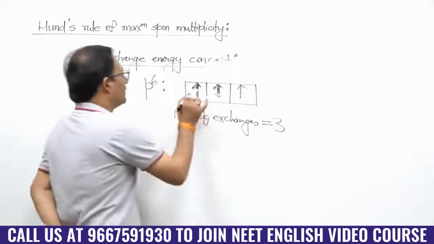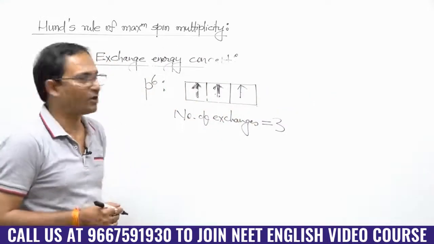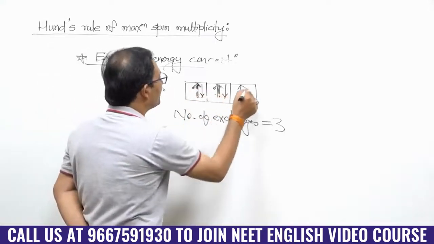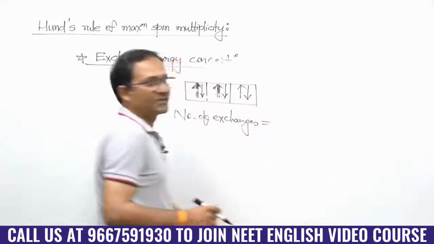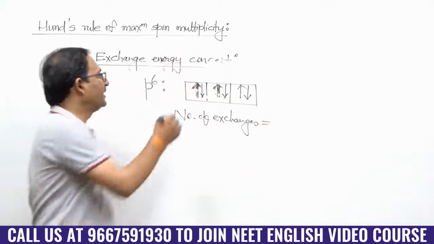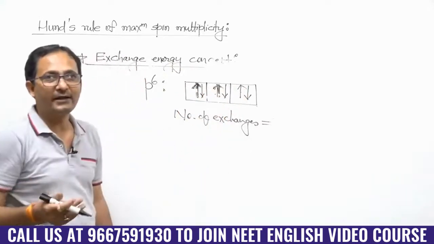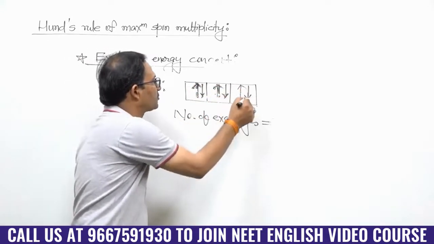Similarly, if I say P6, how can you fill? First, each p orbital will get 1 electron with the same spin, and then pairing of electrons will start with the opposite spin. So here the number of spin up electrons is 3, and the number of spin down electrons is also 3.